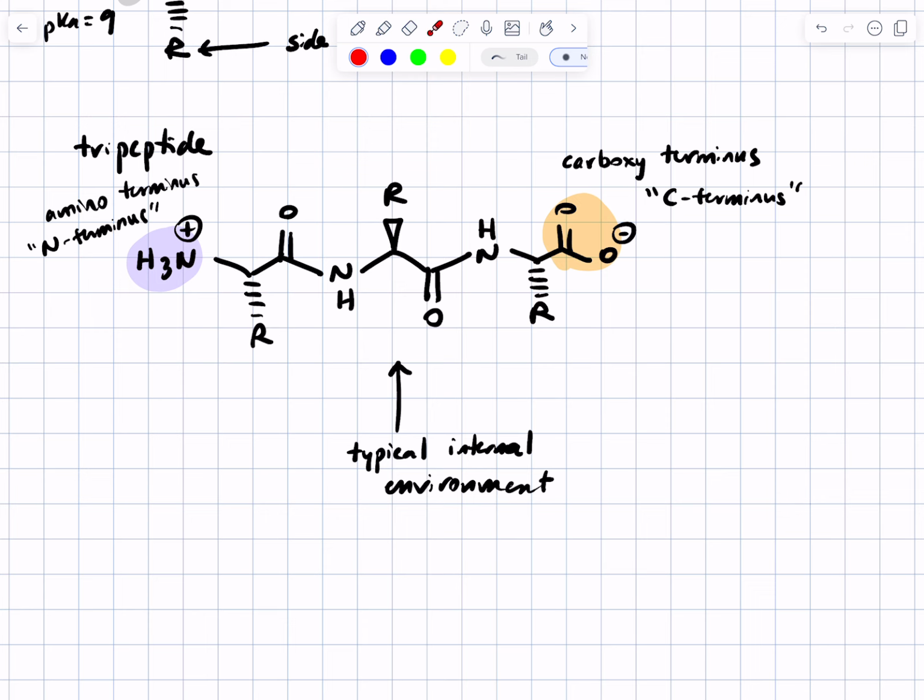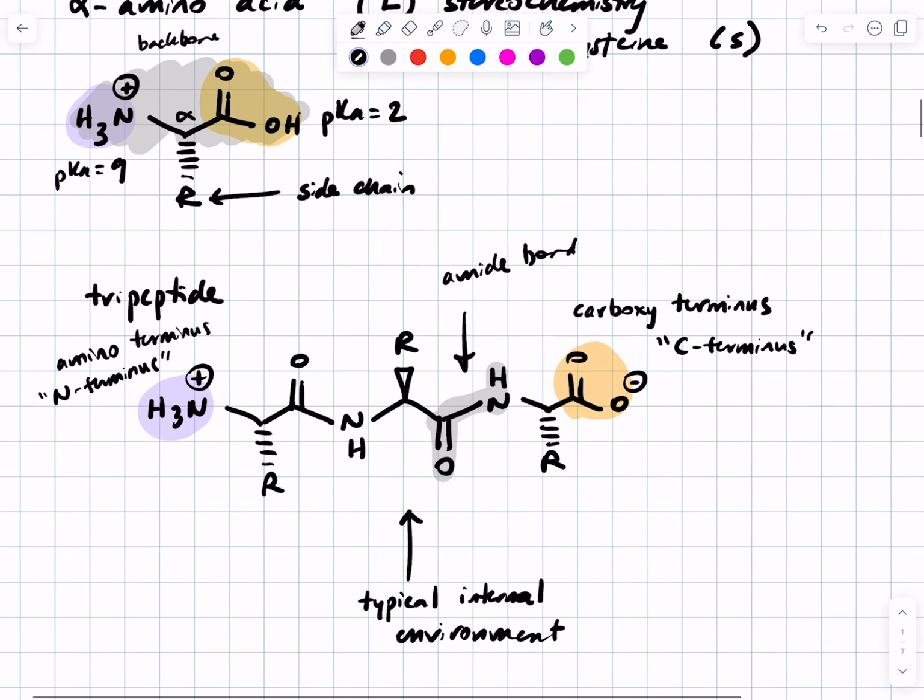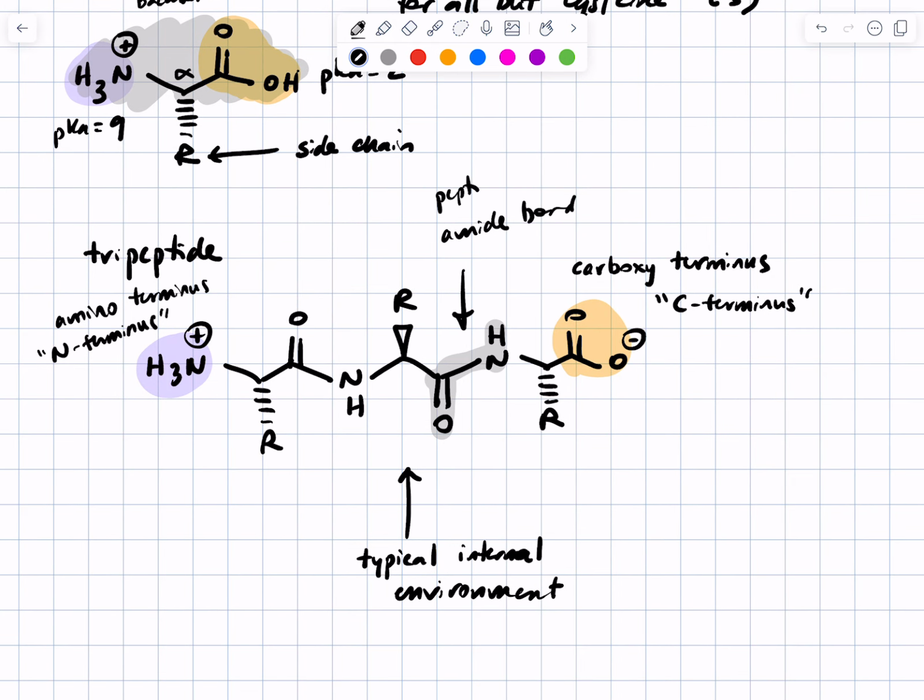A couple other things to learn: the bond between amino acids. You will have learned to recognize that as an amide bond. We also, interchangeably with that, use the term peptide bond. Okay? So in this tripeptide, there are 2 amide bonds.